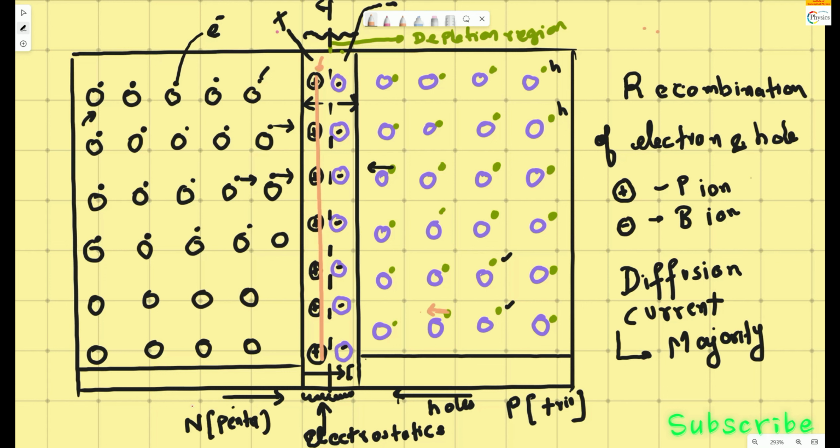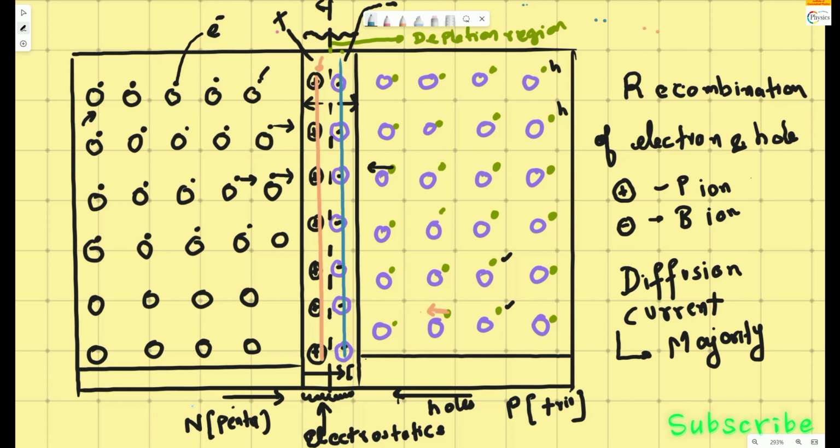These holes want to move, but they cannot move because they get a repelling force from this positive electrostatic charge. And similarly, I will just show you the other side of the junction region, which is the negative potential side. This side has immobile negative charges, the immobile negative boron charges.